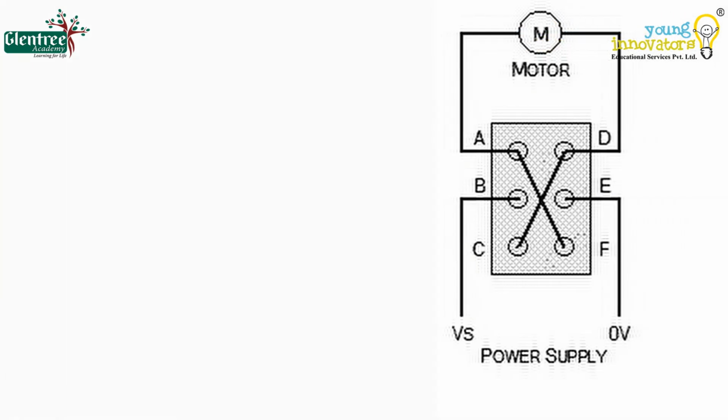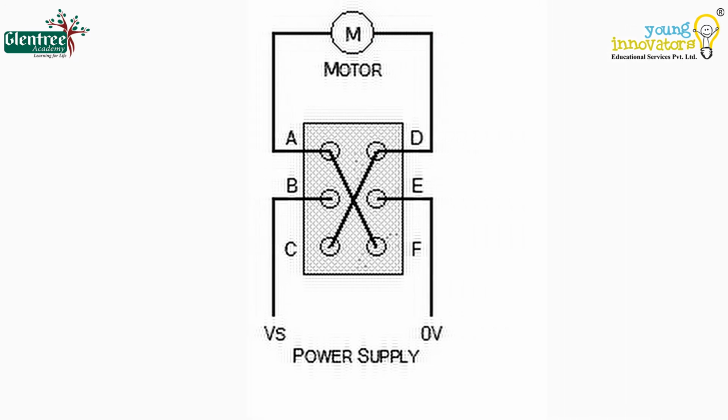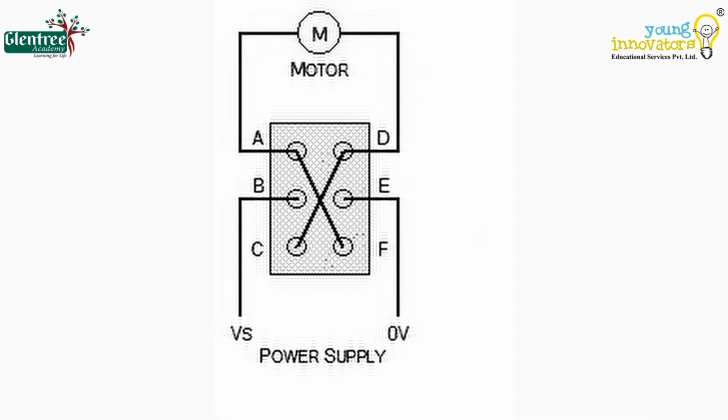Consider the following connection of the switch. Connections A, B and C form one pole of the switch, and connections D, E and F form the other. Connections B and E are common in each pole. If a positive power supply enters connection B and the switch is set to the topmost position, connection A becomes positive and the motor will rotate in one direction.